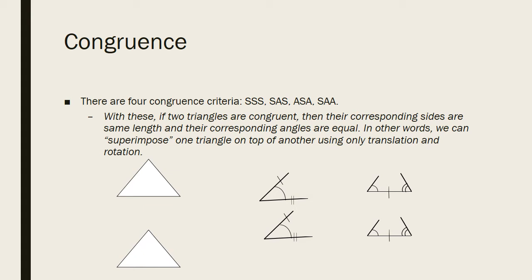And when we're discussing sides and angles, these are adjacent sides and angles. So if you have side-angle-side criteria, you would have the angle that is formed by the two sides.